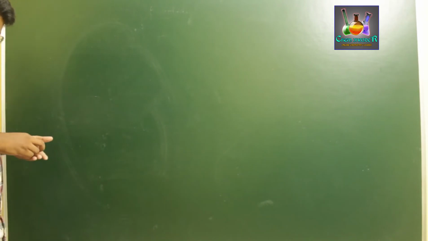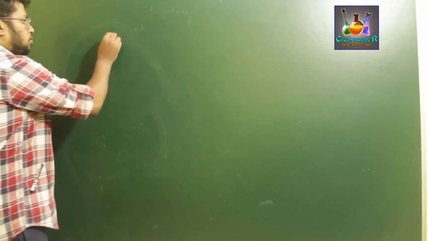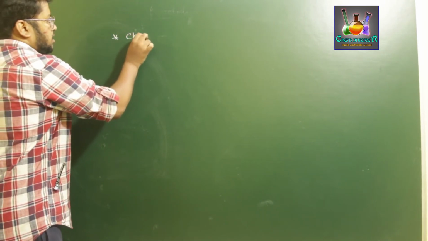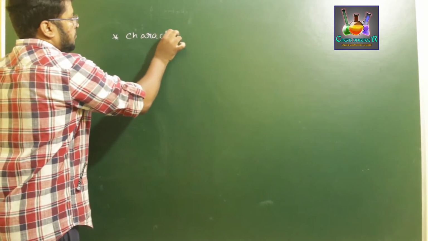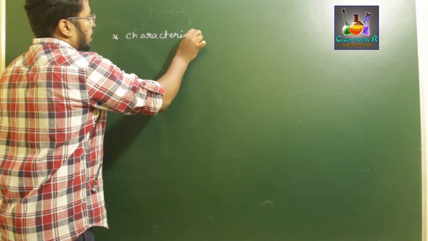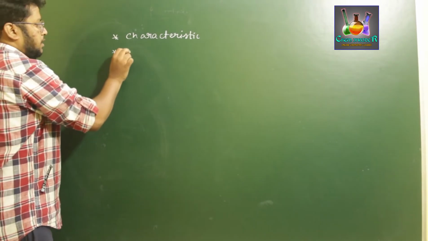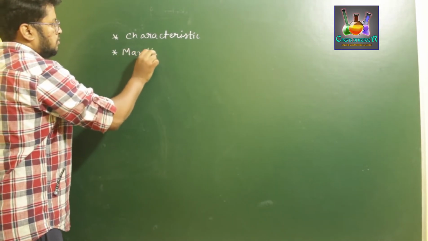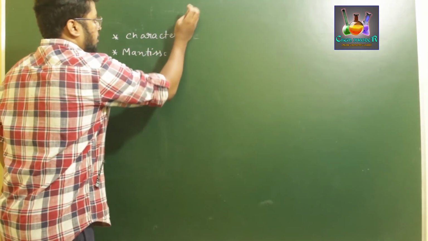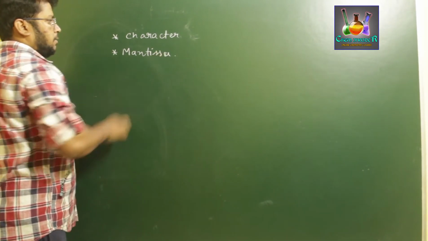First, in order to calculate or estimate the value of some logarithmic terms, you need to know two terminologies. One is the characteristic, and the other one is the mantissa.